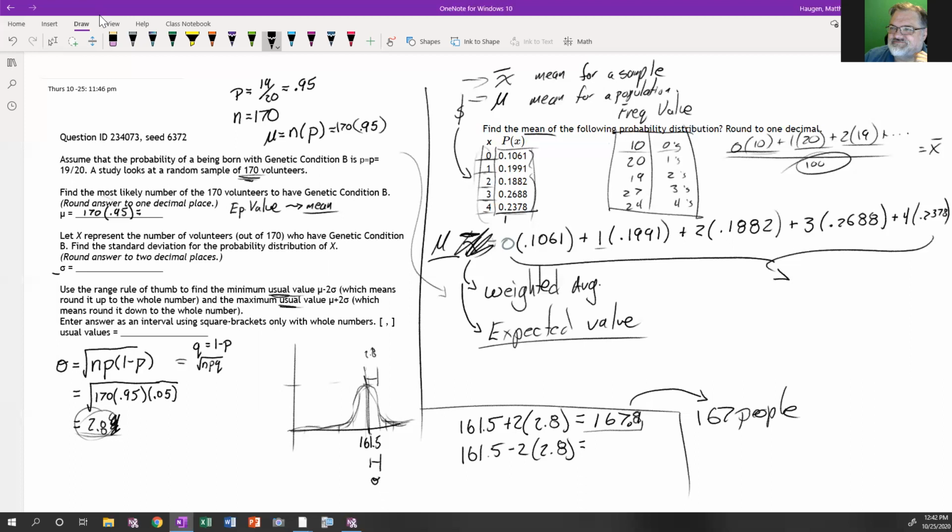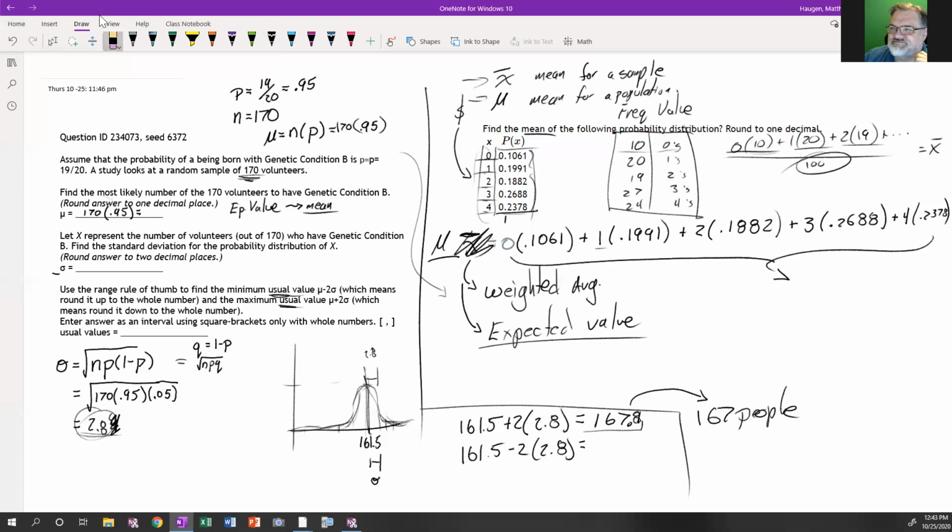Even if this was 167.8, you'd have to ask, is 167 people unusual? Well, no, 167 people is still in the usual range. Well, what about 168 people? 168 people is outside of that usual range. So we don't want to round that up to get where our range is. 168 is bigger than 167.8, so it would still be unusual.